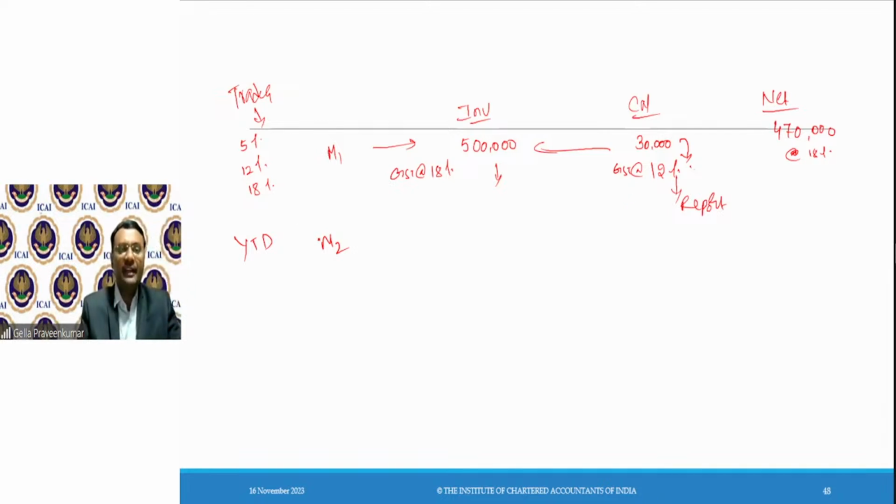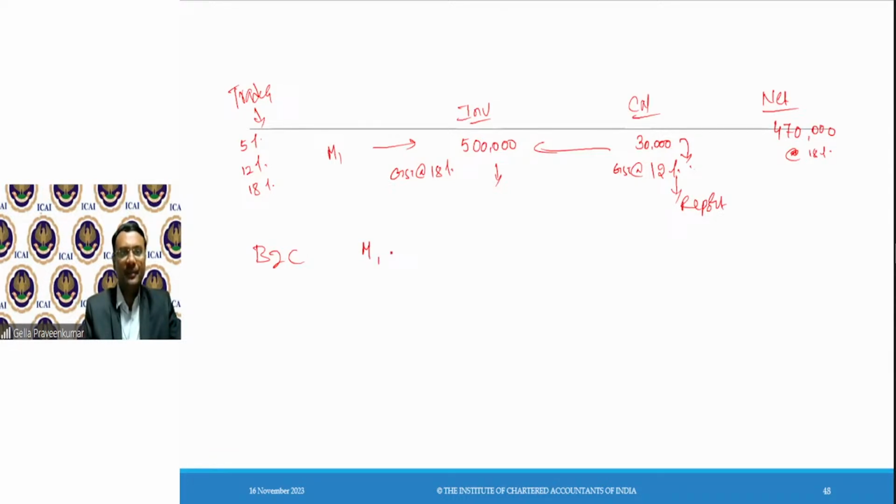Second scenario, where we have credit note issues. In another case, assuming I have B2C supply, like let's take the example of Myntra or your online supplies. In month 1, there was B2C sales.